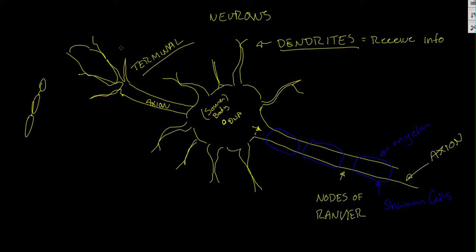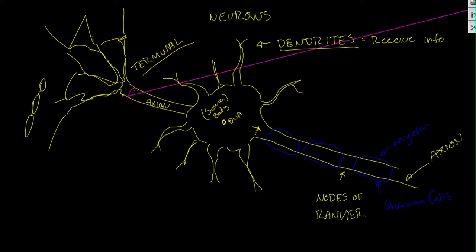And that's how the signal transfers from one neuron to the next, through these axons. Then again, we'd have the myelin sheaths forming around the axon.